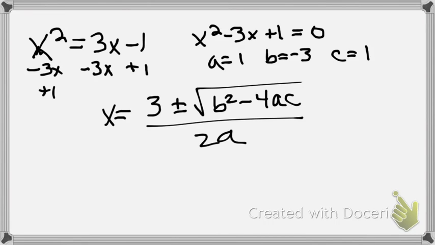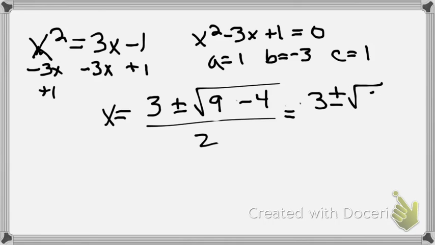What's b squared? 9. 4 times a times c is still 4, because a and c are just 1. And a is 1, so it won't change the 2 on the bottom. What is 9 minus 4? So it's 3 plus or minus the square root of 5 over 2. That one's easy.